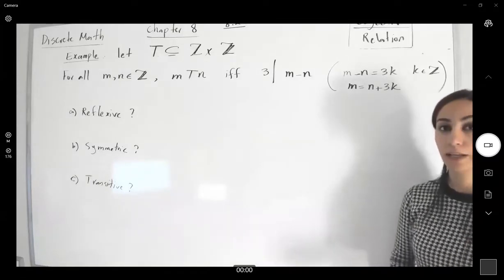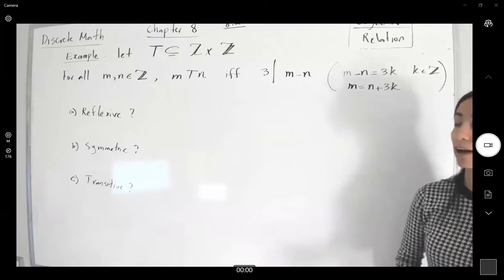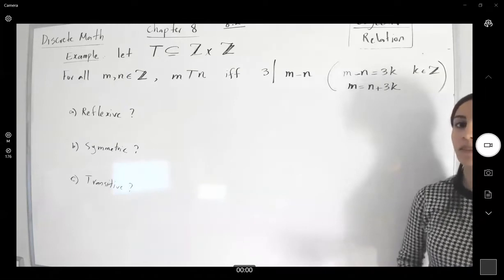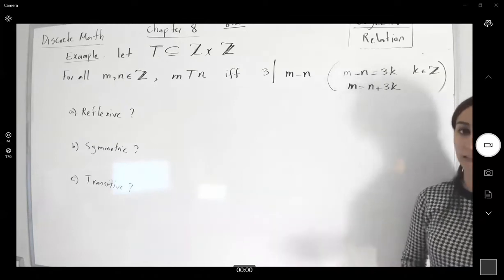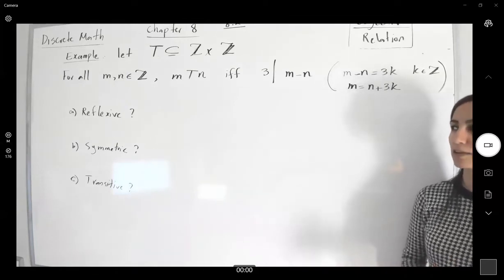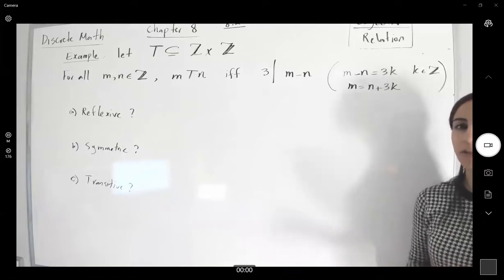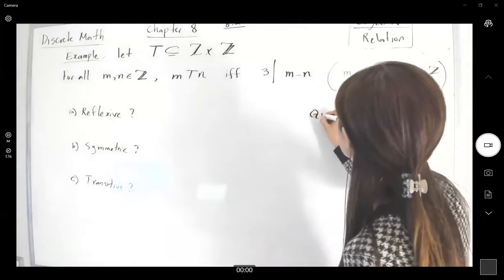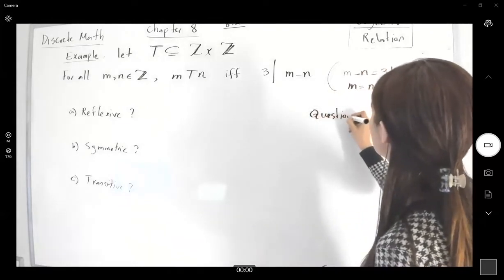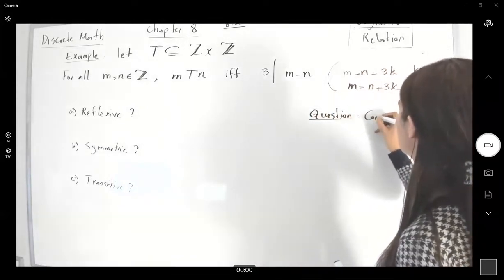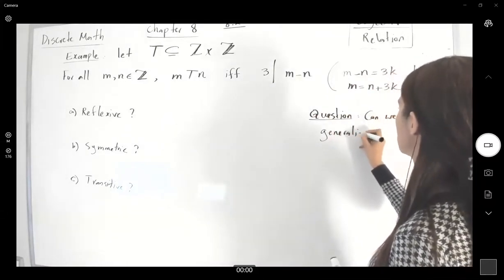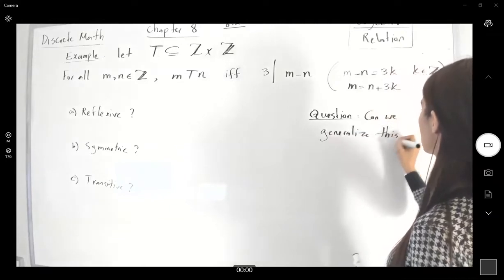M is in relation with N if and only if an integer like L divides M minus N. Is it transitive? Is it reflexive? Is it symmetric? Which one is that? So another question for you. Can we generalize this relation?